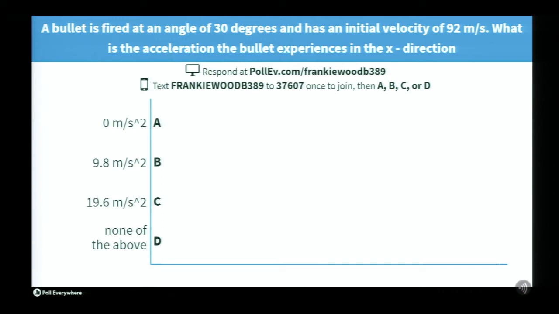What is the acceleration of the bullet in the x direction? And my choices are 0 meters per second squared, 9.8 meters per second squared, 19.6 meters per second squared, or none of the above.